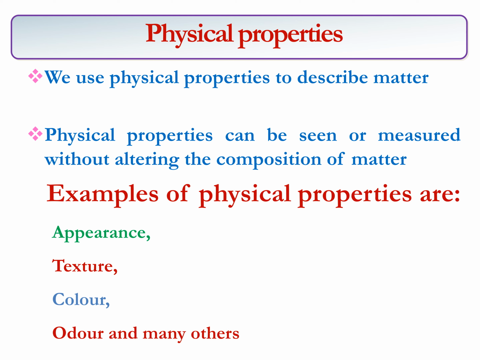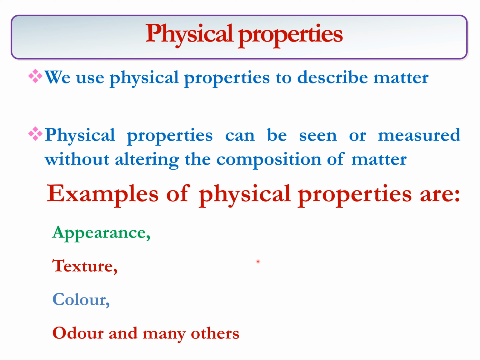Examples of physical properties are appearance. By looking at a substance, you can say some of the physical properties like the way the substance looks, the shape. You can describe the texture by mere looking at it. You can describe the color. You can smell it, and you can describe the odor and many others.